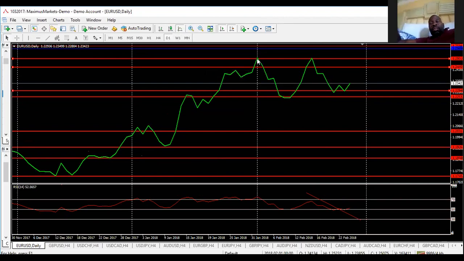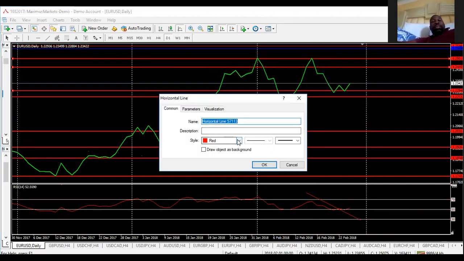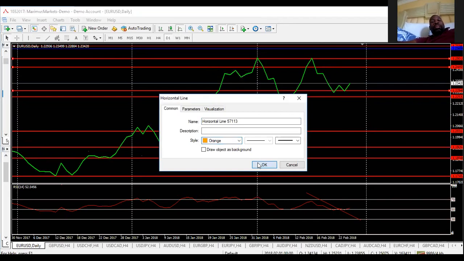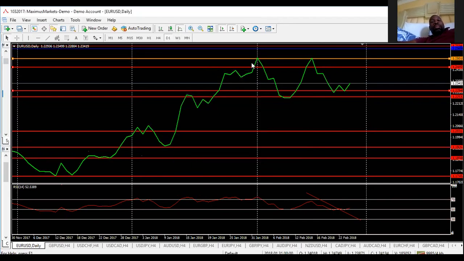So once you are filling it up, change that line to yellow. Change the color of the line to yellow, or you can change it to brown or orange, to show that it is different from this. So once you see this, you know that this is daily support. Once you see it, you know this is daily resistance, and this is weekly resistance.